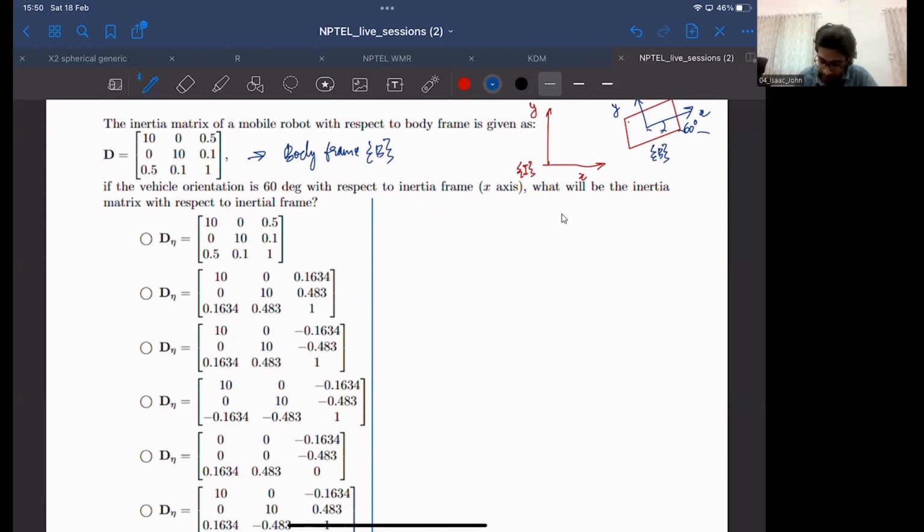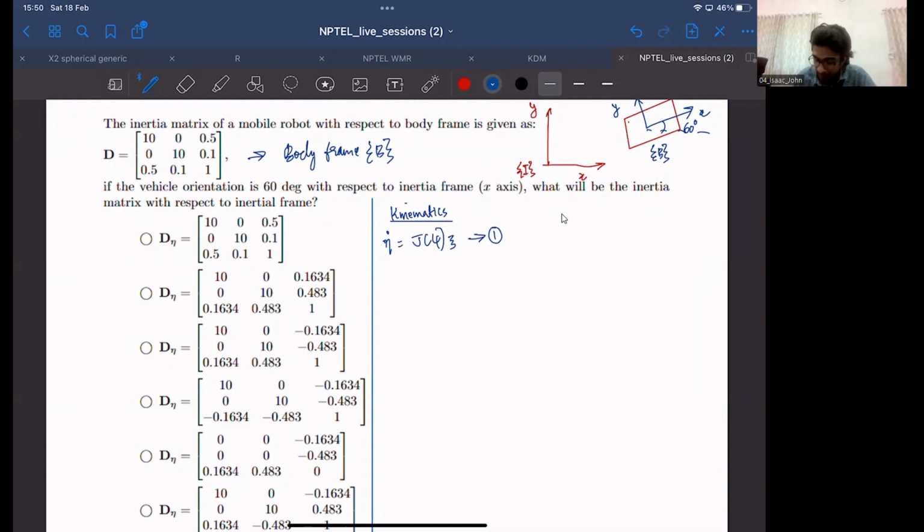So as per the kinematics, you will have a mapping: eta dot would be J of psi times zeta. This is the mapping between velocity rates in the inertial frame and the body fixed frame.